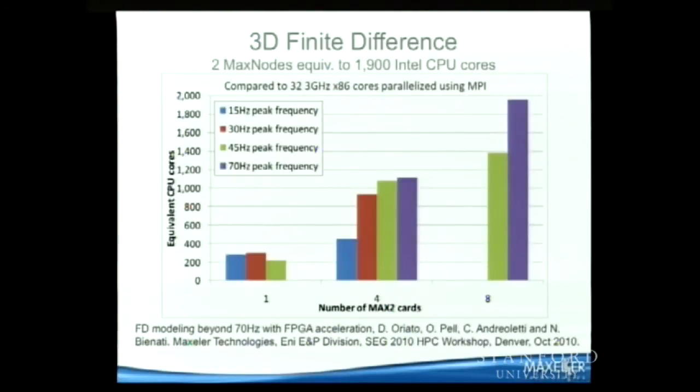This is the problem size. So here is a small problem, a bigger problem, an even bigger problem, and a gigantic problem. And on the gigantic problem here, you see that the actual equivalence of these 8 cards goes to 1,900 CPU cores. You say, well, how is that possible? Well, it's such a large problem that it didn't fit in the local caches anywhere. It didn't fit in the memory systems.